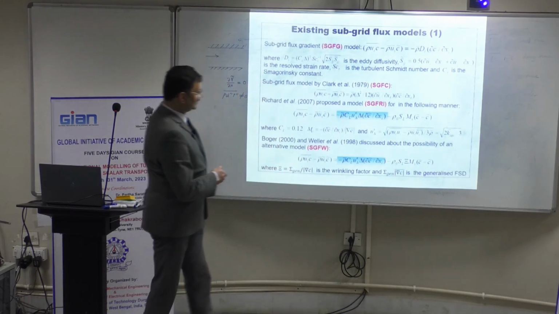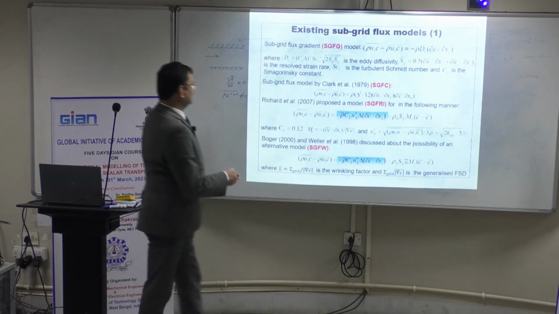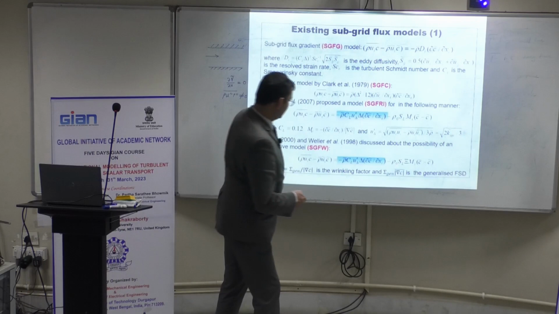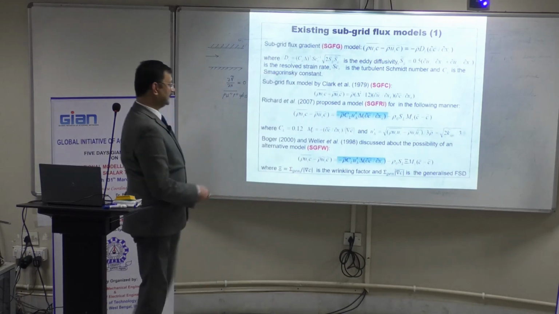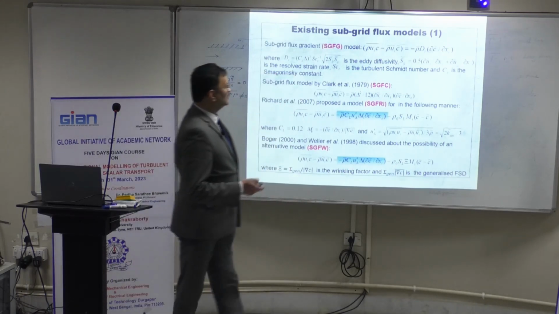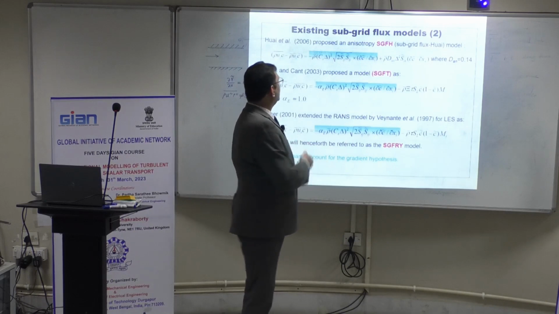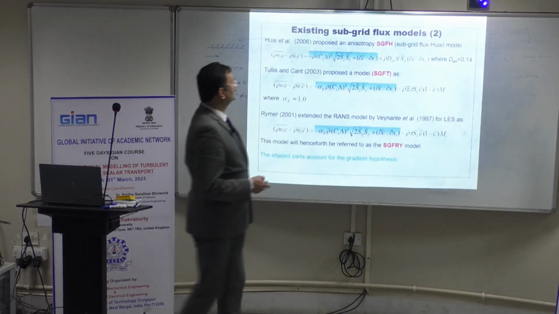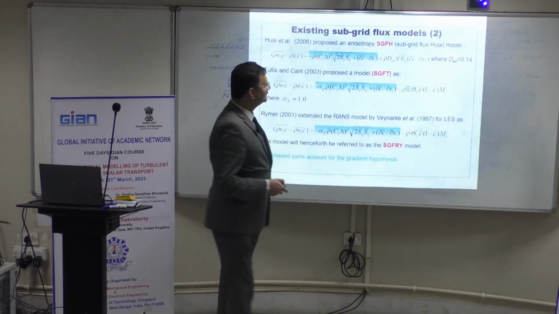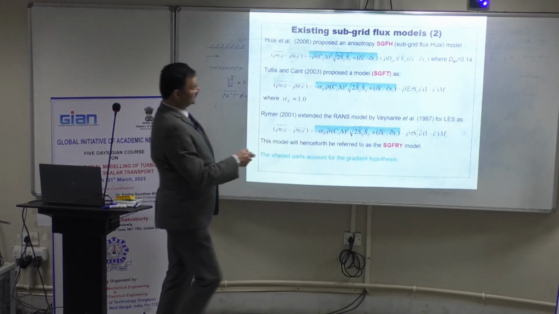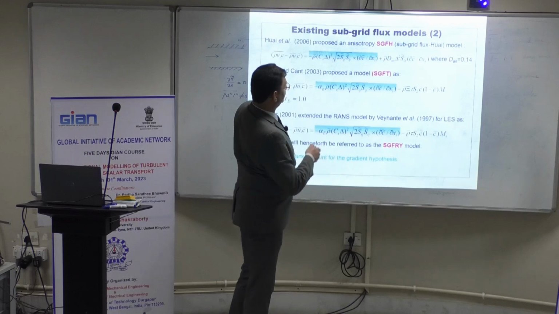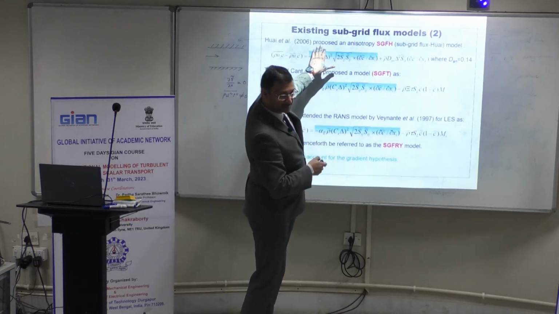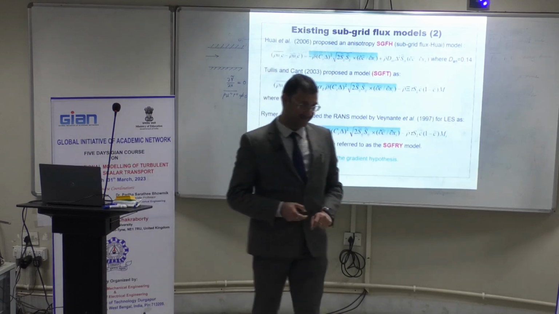Richard et al. came up with another alternative model. This model is slightly different from this one. Here, this one is called the wrinkling factor, defined like this. Veynante came up with this kind of modeling expression. This part is similar to Clark's model, but in order to stabilize the code, he also put in some gradient type of terms.